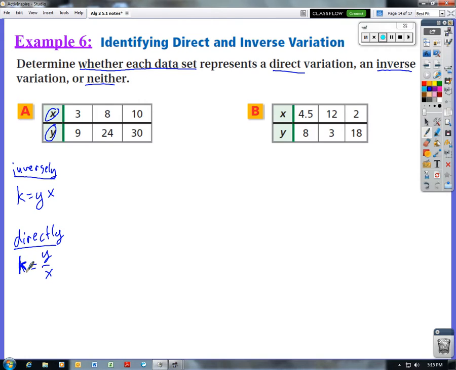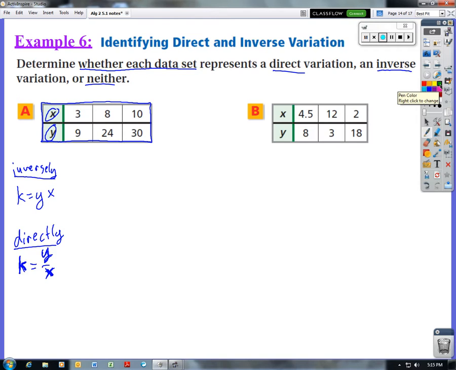Okay, and we are seeing how the y values and the x values are related. Are they being divided or are they being multiplied? So let's take this data set and see if we can figure out how our y values and our x values are related to each other. And I hope this makes sense the way that I'm explaining it.